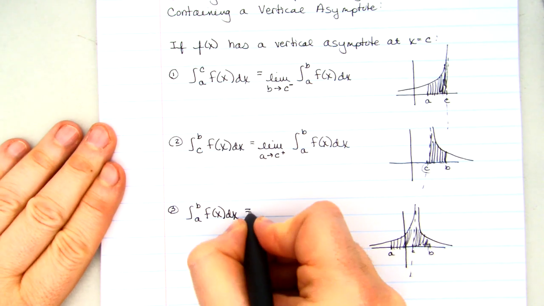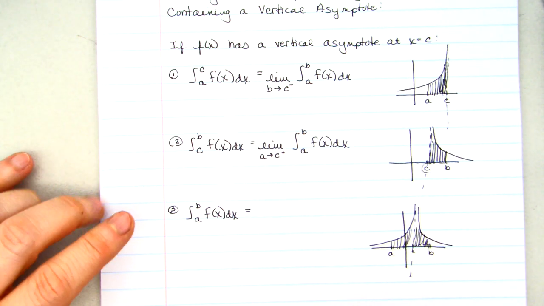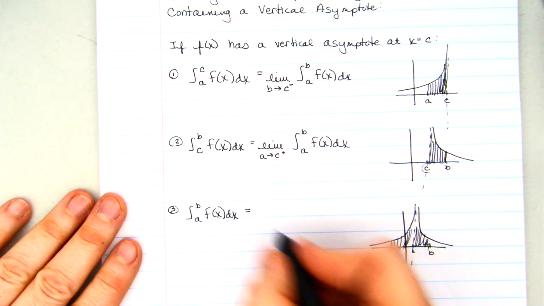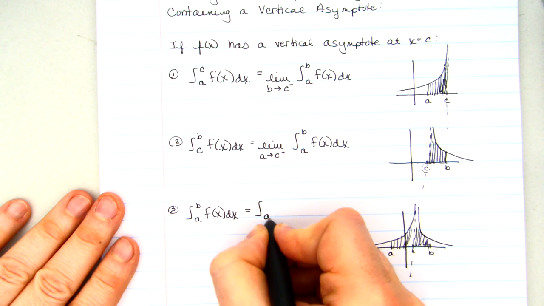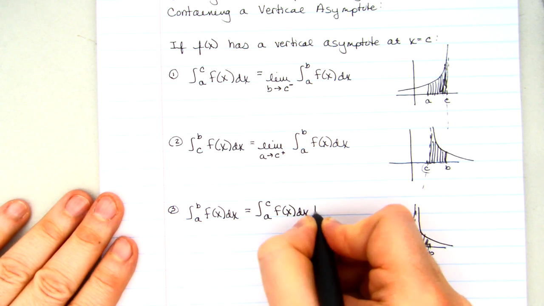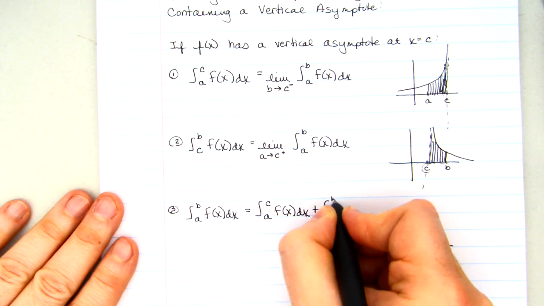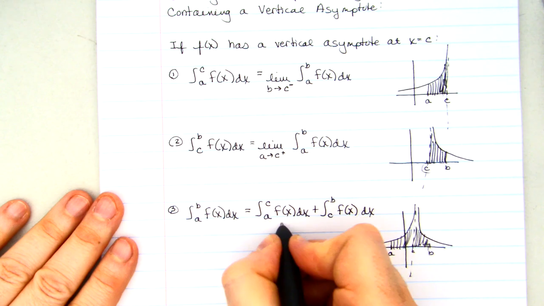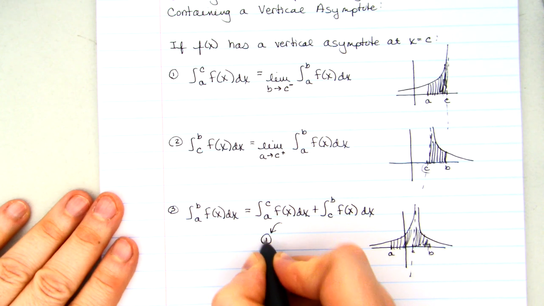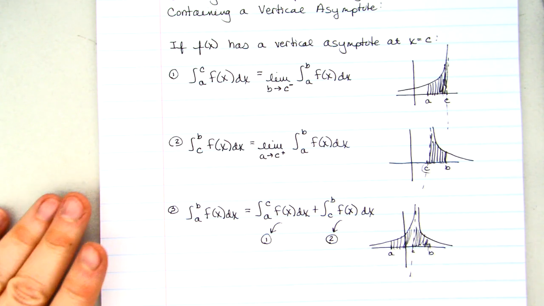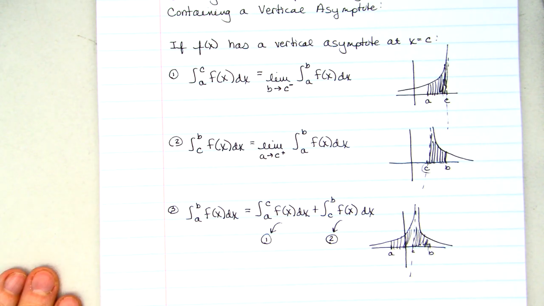Well, just like what we kind of did last time, where we had the integrals from negative infinity to infinity, I split it into two different problems. I'm going to do the same thing here. I'm going to do the integral from a to c of f of x dx, plus the integral from c to b of f of x dx. Then to deal with that first one, I'll use ideas like in number 1, and then to deal with the second one, I'll use ideas like what I have in number 2.